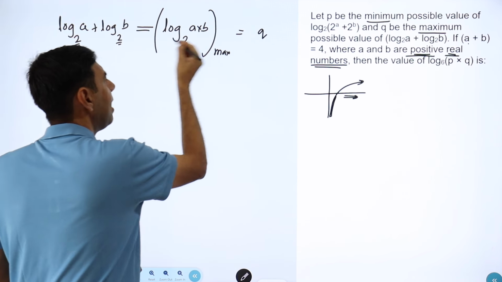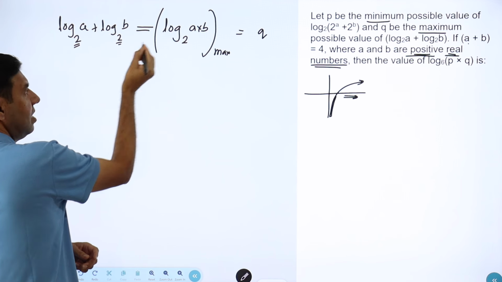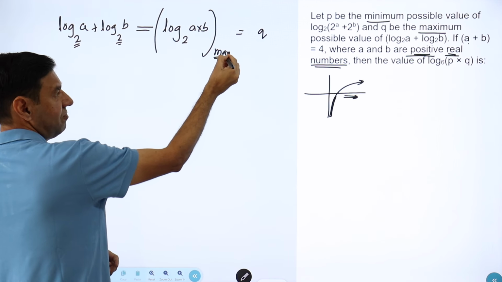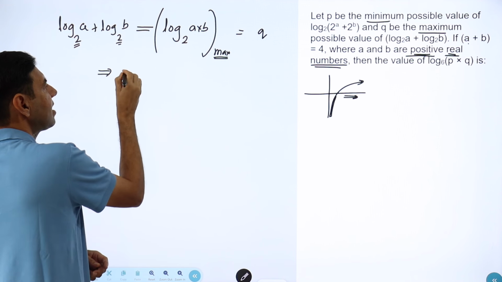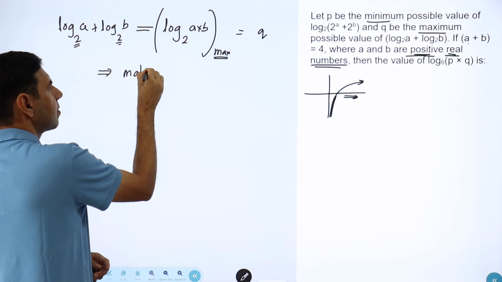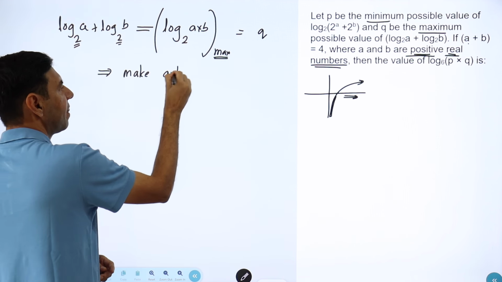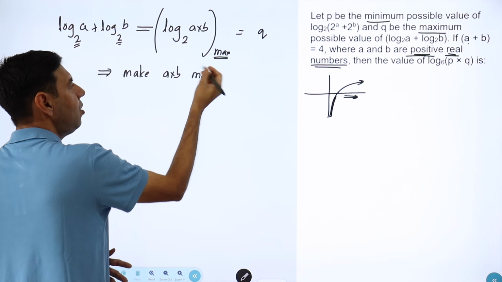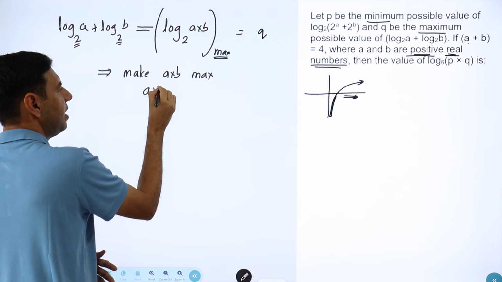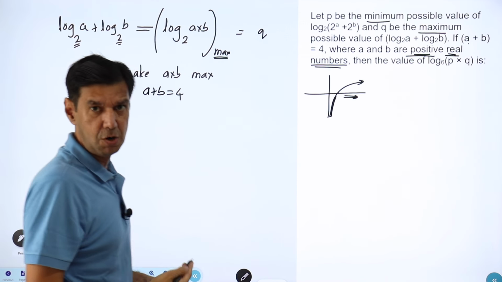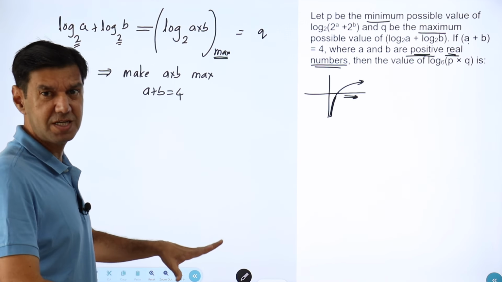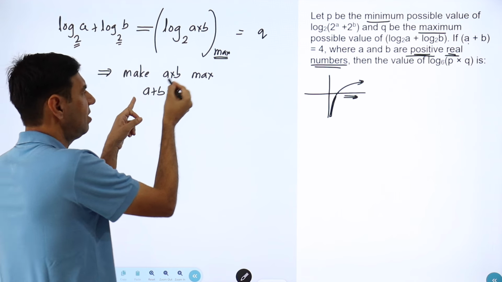So if you want the maximum of this, the idea is make AB maximum. And this is very obvious given that A plus B is 4, positive real numbers. Now we come back to the easiest questions of AM-GM inequality.